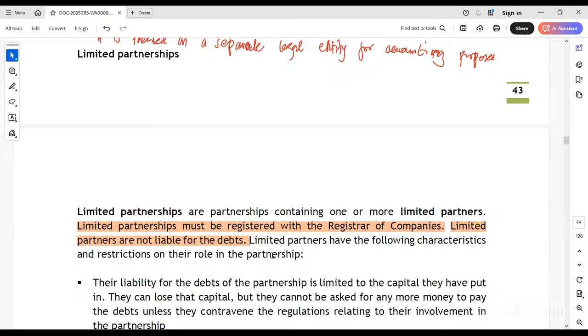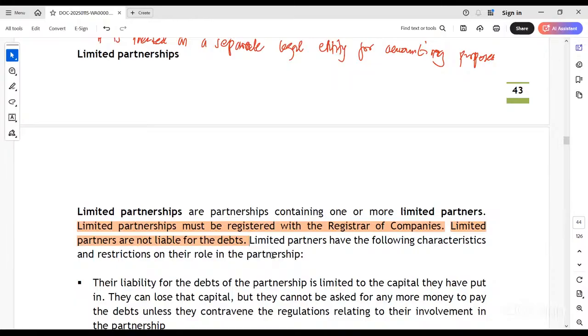And you'll find that under limited partnerships, the partners do not participate in the day-to-day management of the business. Just look at it as a company.